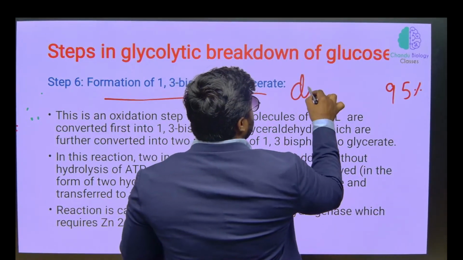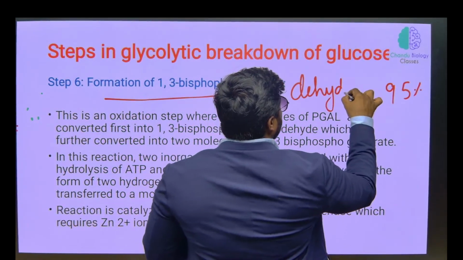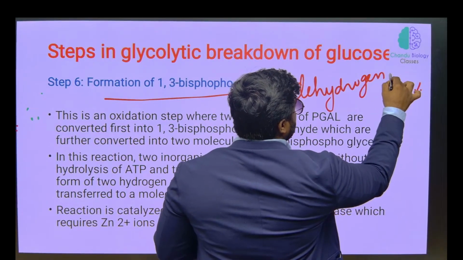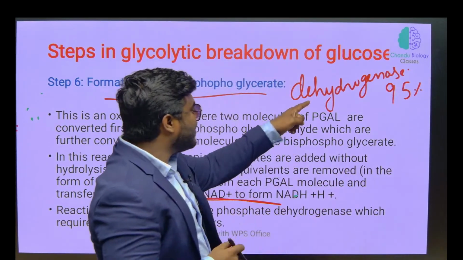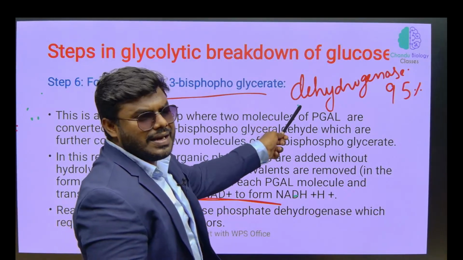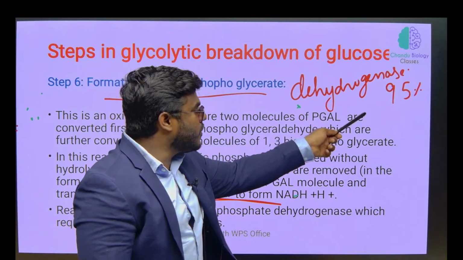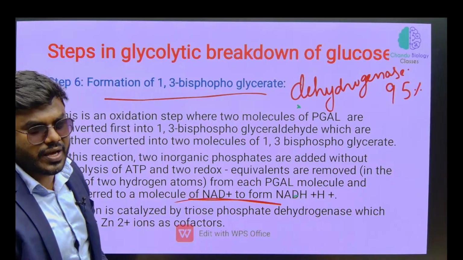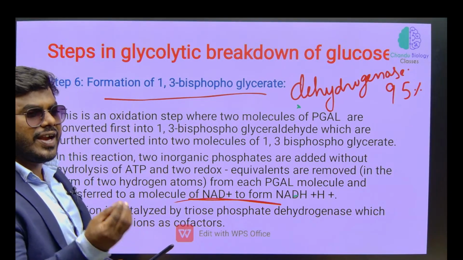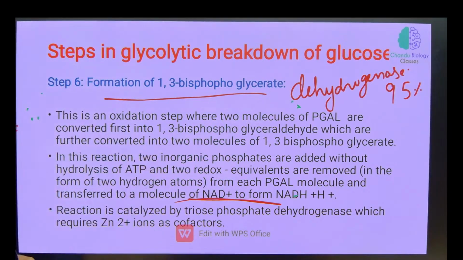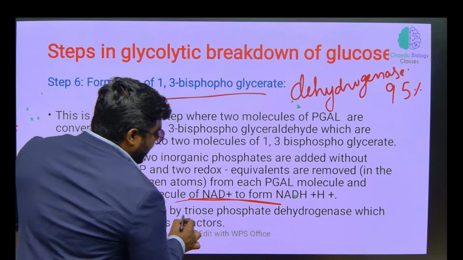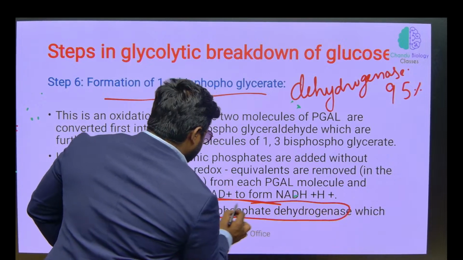Wherever you see the production of NADH or FADH2, always remember the enzyme involved is dehydrogenase. Correct na? Here the enzyme is triose phosphate dehydrogenase.